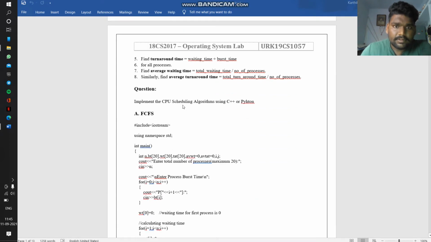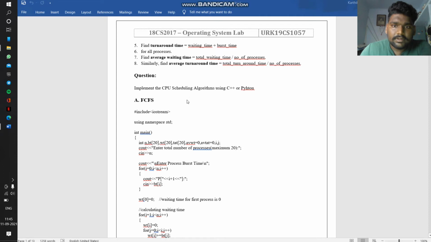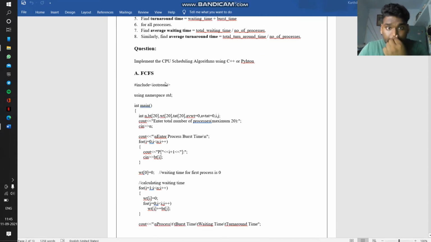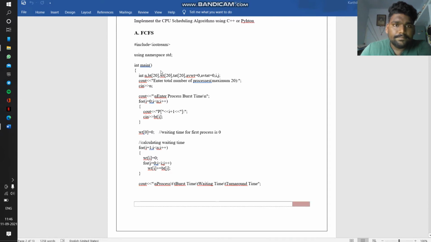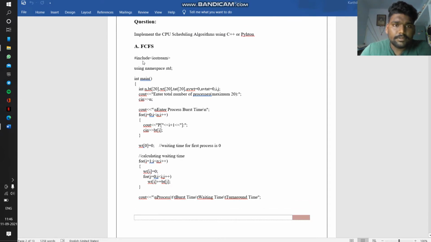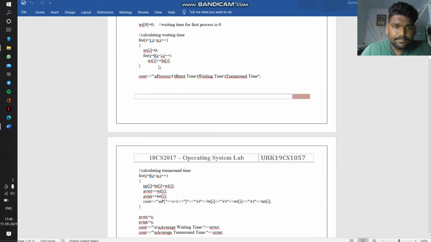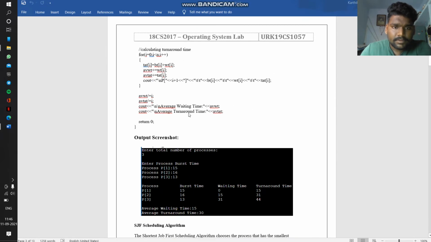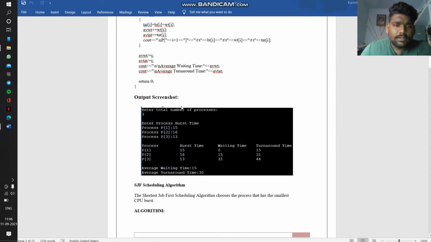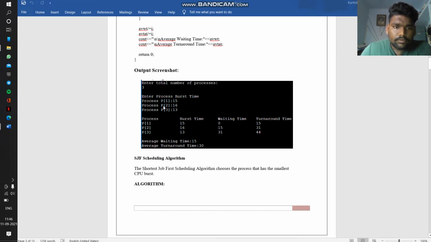The question: implement the CPU scheduling algorithm using C++ or Python. This is the code for the C++ program for FCFS, and we get the output here. This is the output.